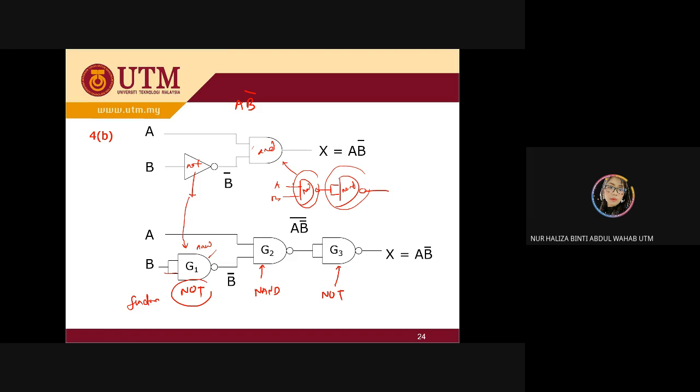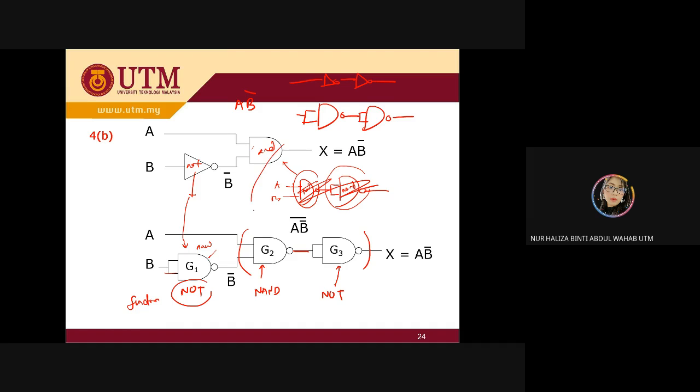You can see here, although it's connected to this, just now I said when you have NAND and NAND, it's directly removed together. But that part looks like this, which is similar to NOT and NOT.